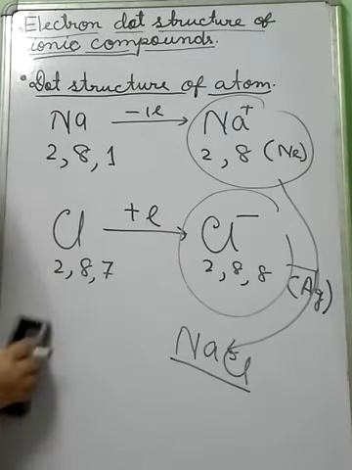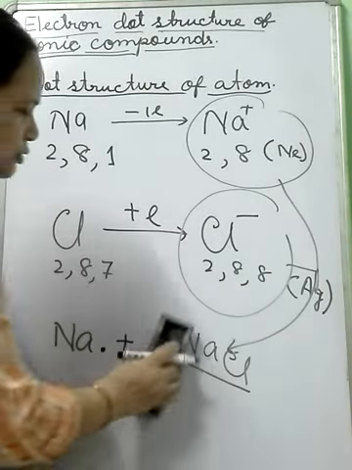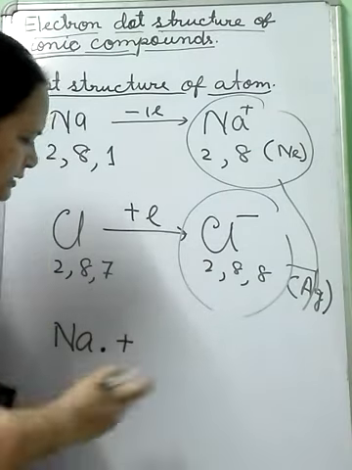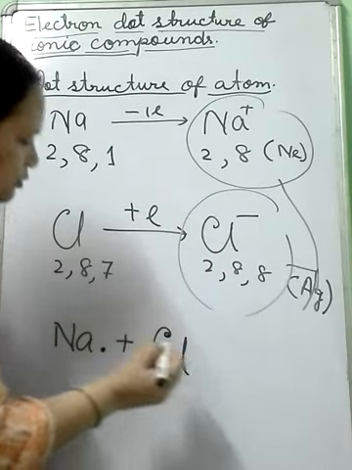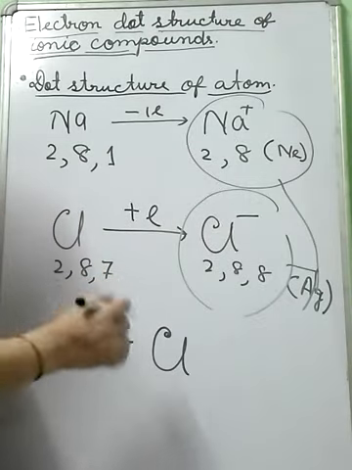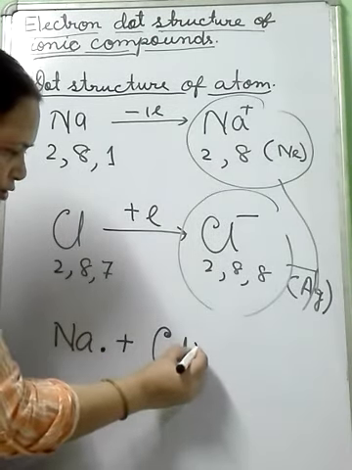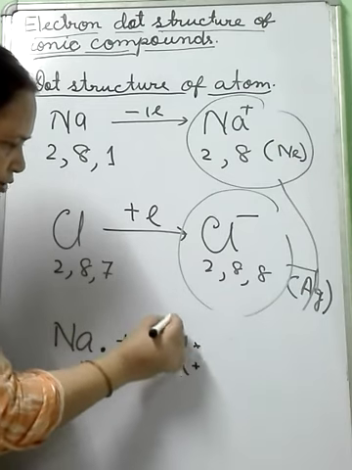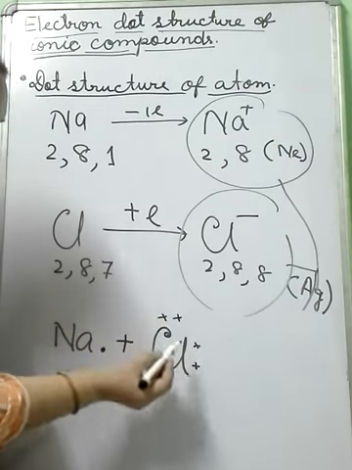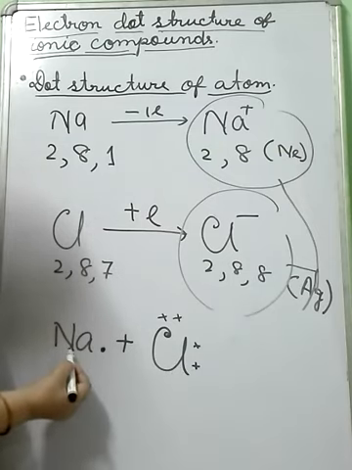I am giving a dot for the sodium's outermost electron, plus chlorine. This is the chlorine. Chlorine has 7 electrons in the outermost shell. So we have to give the 7 dots. But this time I am giving the cross for the chlorine instead of dot, so that we will identify cross belongs to chlorine and dot belongs to sodium.